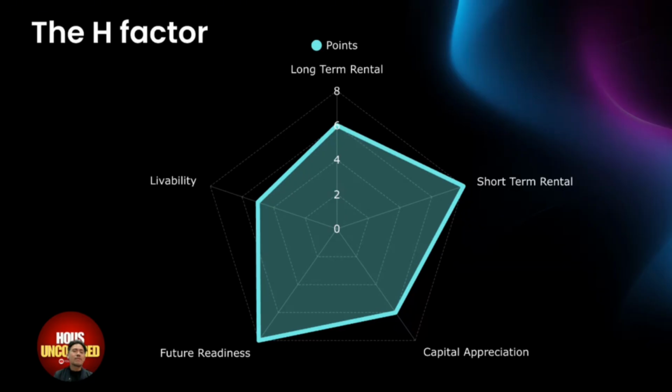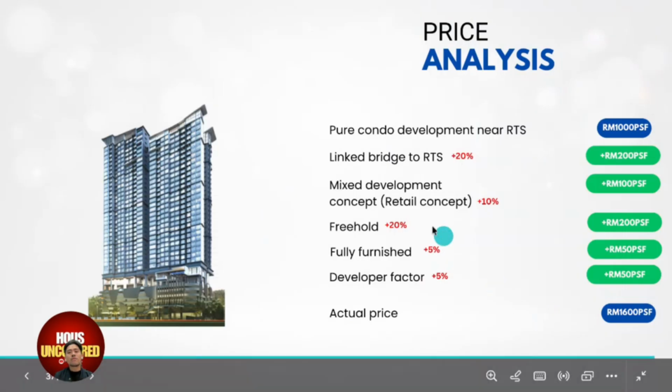So for the coming few years, we may see an increase in supply of new projects. With that, I don't see the price jumping up very fast, but it's a safe play.